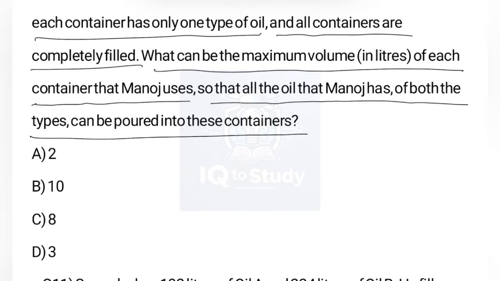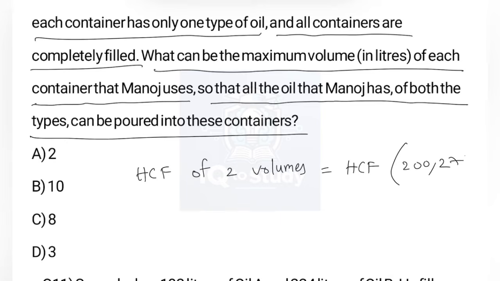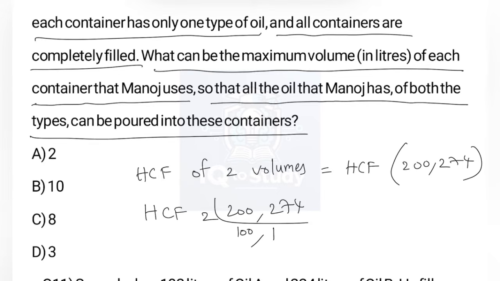This is a problem asking for the greatest common divisor, which is also known as HCF. HCF of two volumes is equal to HCF of 200, 274. Let's find this. So HCF is equal to 2.